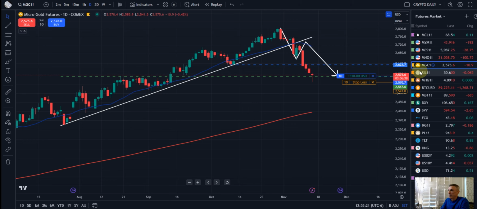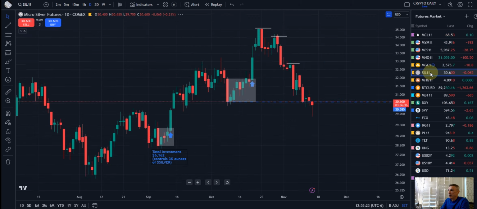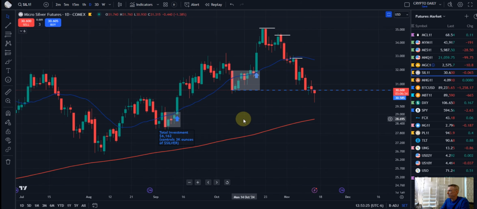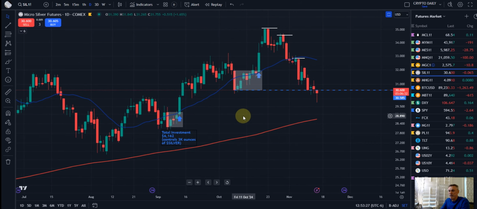Then we'll go to silver here. And people go, what's the big deal about a stop loss? Why are you so disciplined about it? And always repeating the same thing, get your stop loss, so on and so forth. And let me use an analogy. Let's say you hired someone to work in your business.